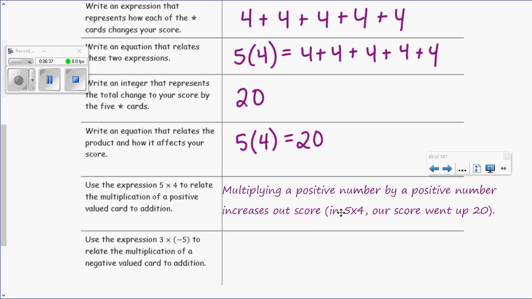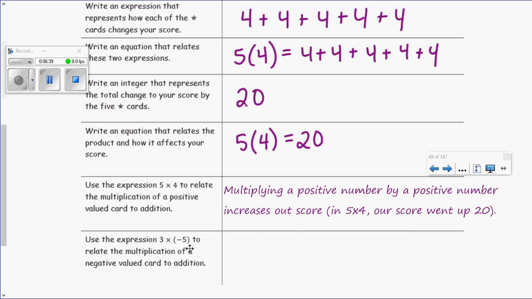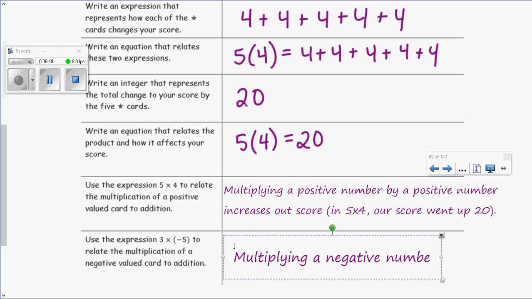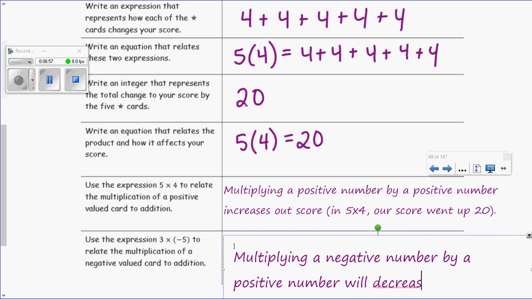Okay? How about the other example? How about in 3 times negative 5? Well, in that case, when we're multiplying a negative number by a positive number, it will decrease our score.